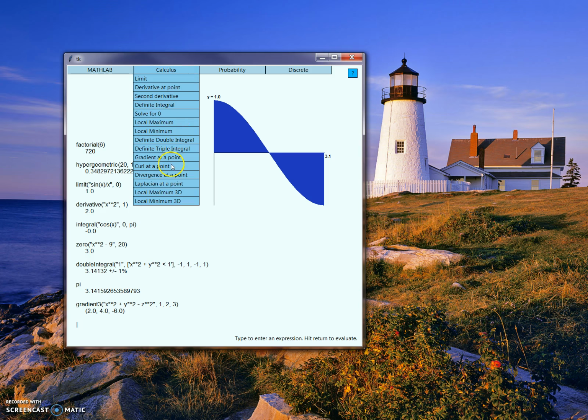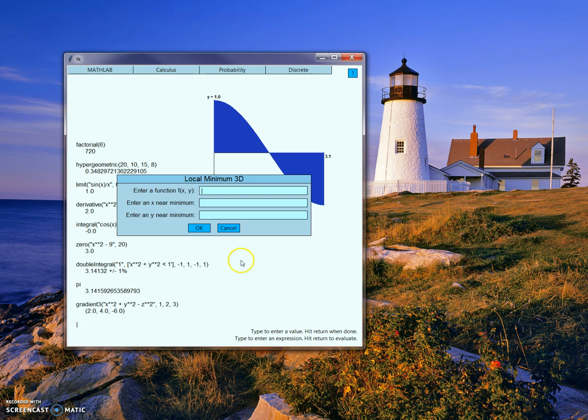And we can come down here, there's also curl, there's also divergence. And similarly, we have local minimum and local maximum functions here that also use the gradient ascent and descent algorithm to calculate those.